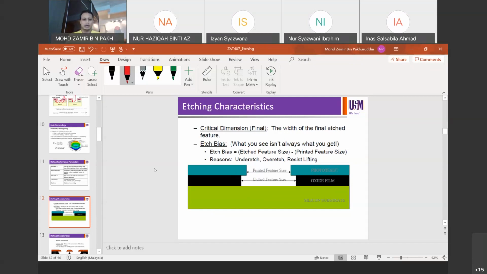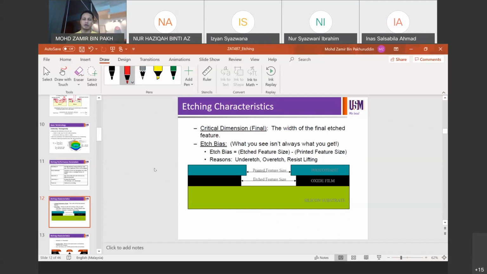Right. Well, the critical dimension final is actually referring to FICD. The etch bias is etch feature size minus printed feature size, or you can also say FICD minus DICD. So what you see there isn't always what you get.